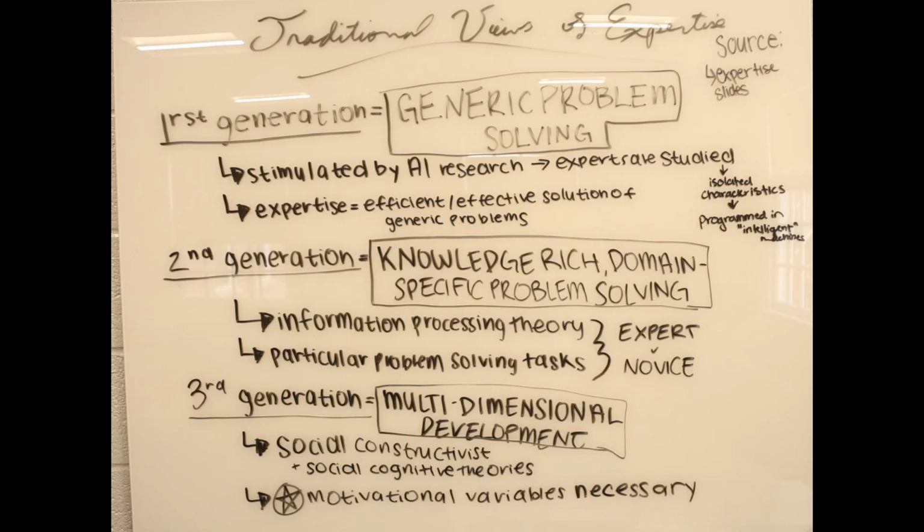This surrounds the information processing theory, particular problem-solving tasks, and overall it's expert versus novice. And lastly, the third generation is multidimensional development. It surrounds the idea of social constructivist, social cognitive theories, and also motivational variables are necessary in this generation.